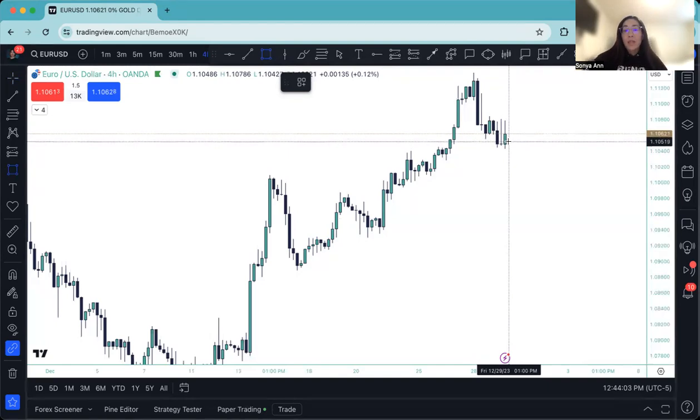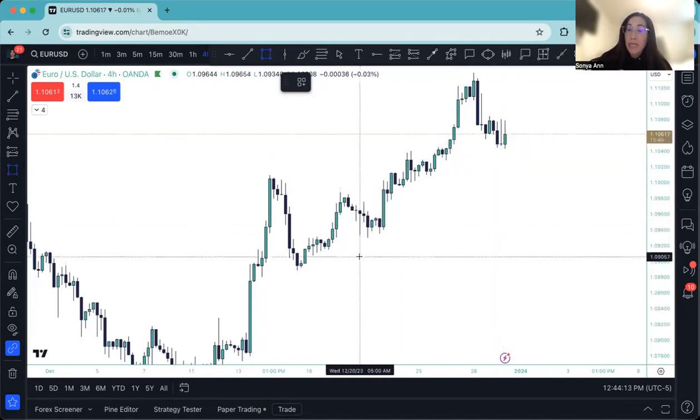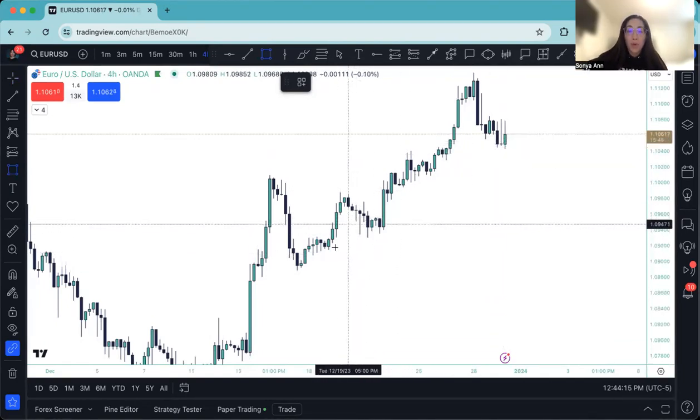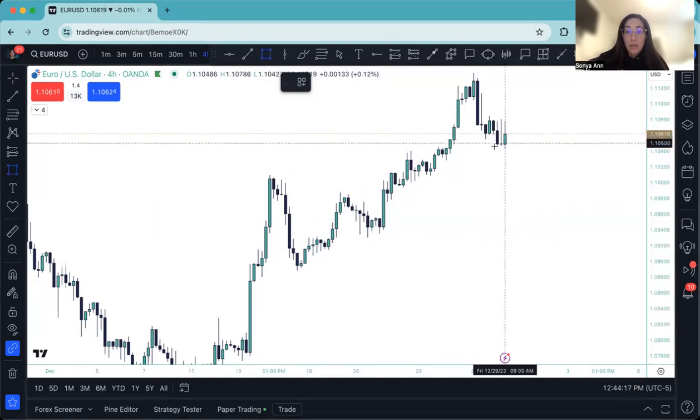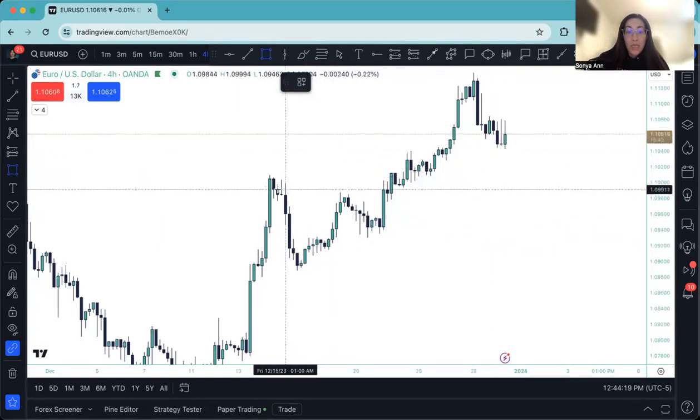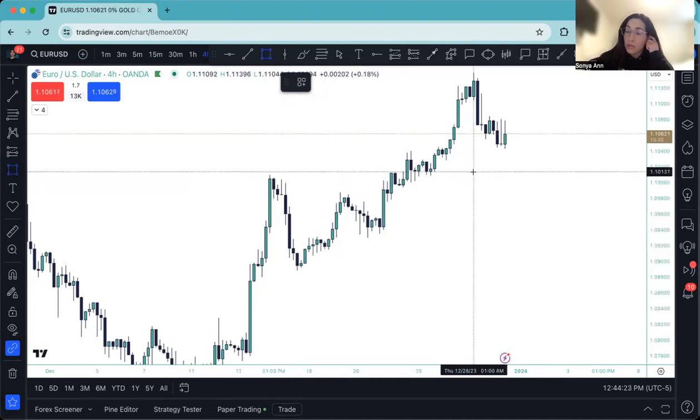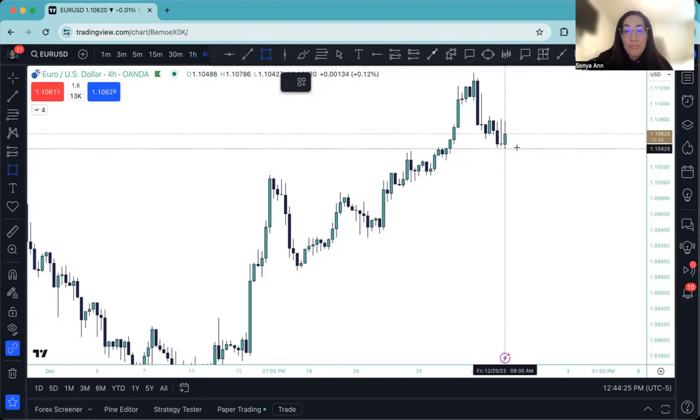And then I'm also going to show you in a separate video how to enter and exit a trade. Okay, so right now is just showing you the break and retest of trend lines and support and resistance areas and zones.